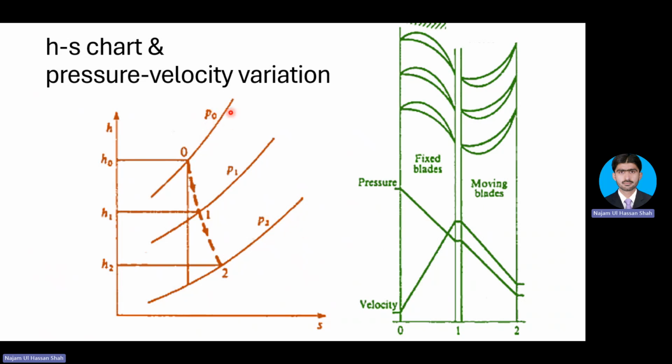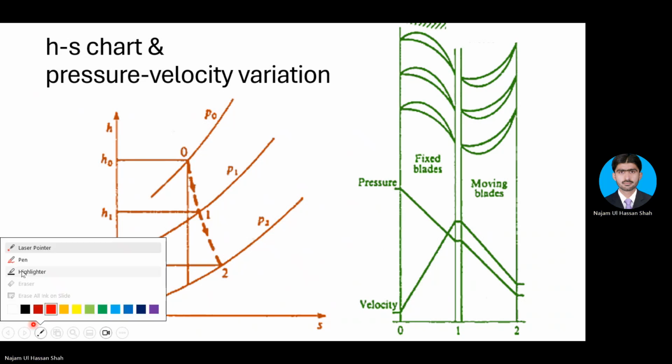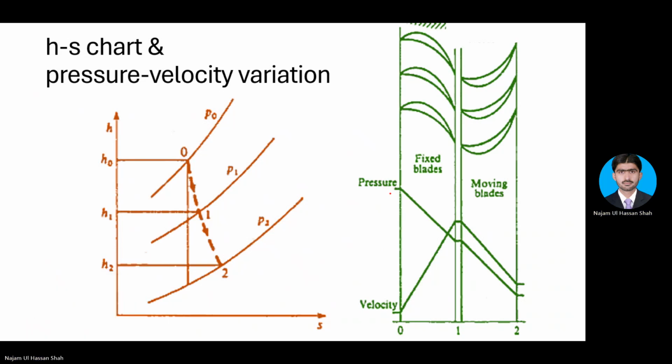P0 is the pressure at the inlet of the fixed blades at this point. After the fixed blades, the pressure is P1. And at the exit of the moving blades, the pressure is P2. So these pressures are represented by these three curved lines.